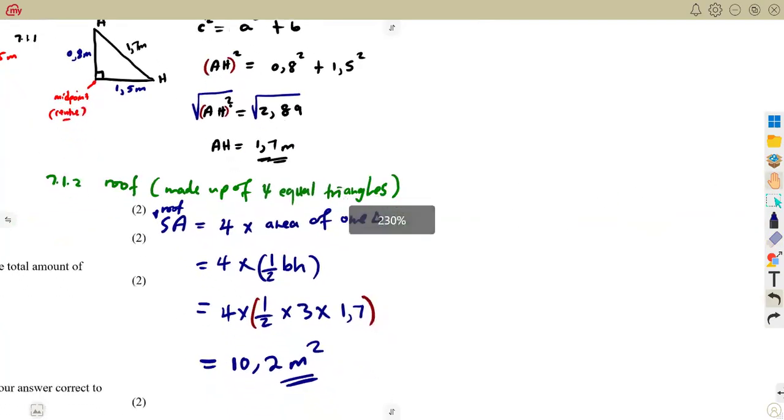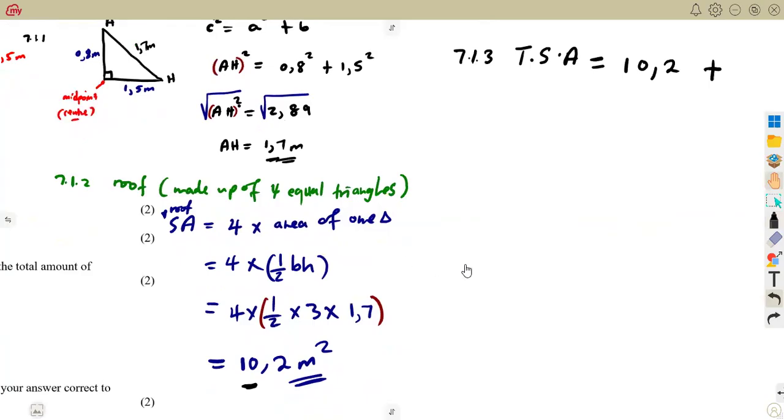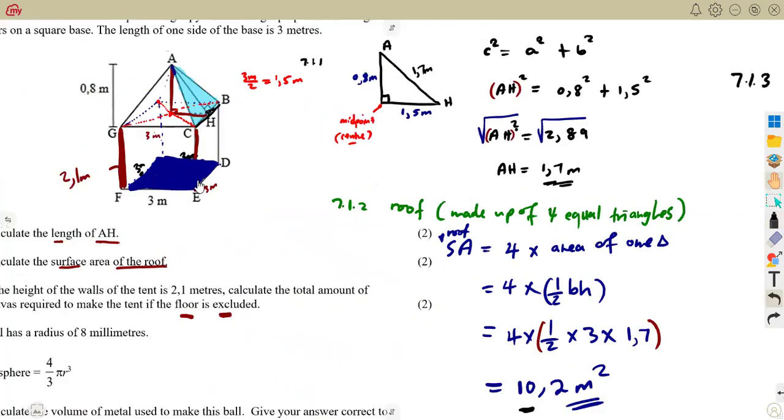So in this case, guys, they simply need you to calculate the total surface area. That was going to be the 10.2 that we calculated before, plus what is remaining, excluding the floor. We said we've got 4 rectangles.